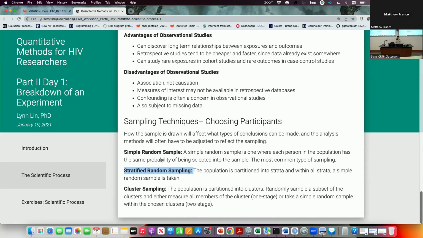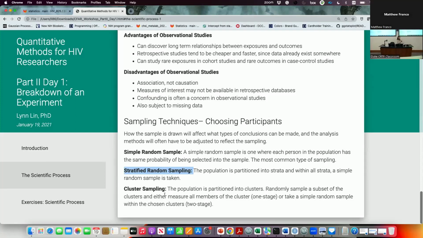This also talks about the different ways to define the groups. The stratified random sample divides the population into distinct groups. With clusters, the people within a cluster are more similar, and the people between clusters are less similar.